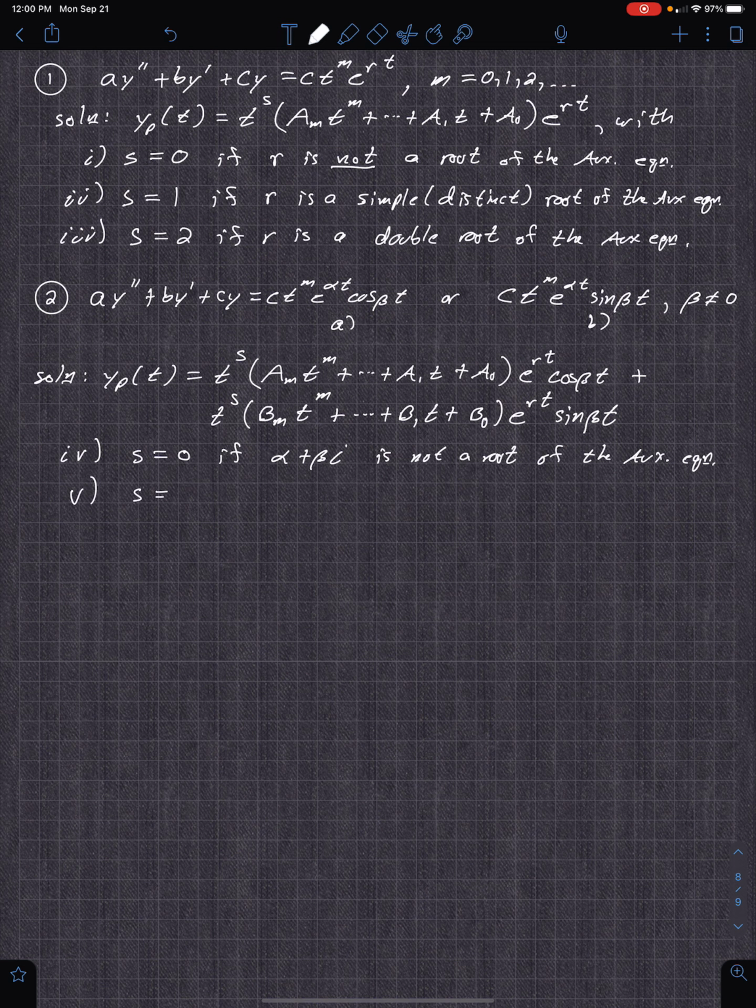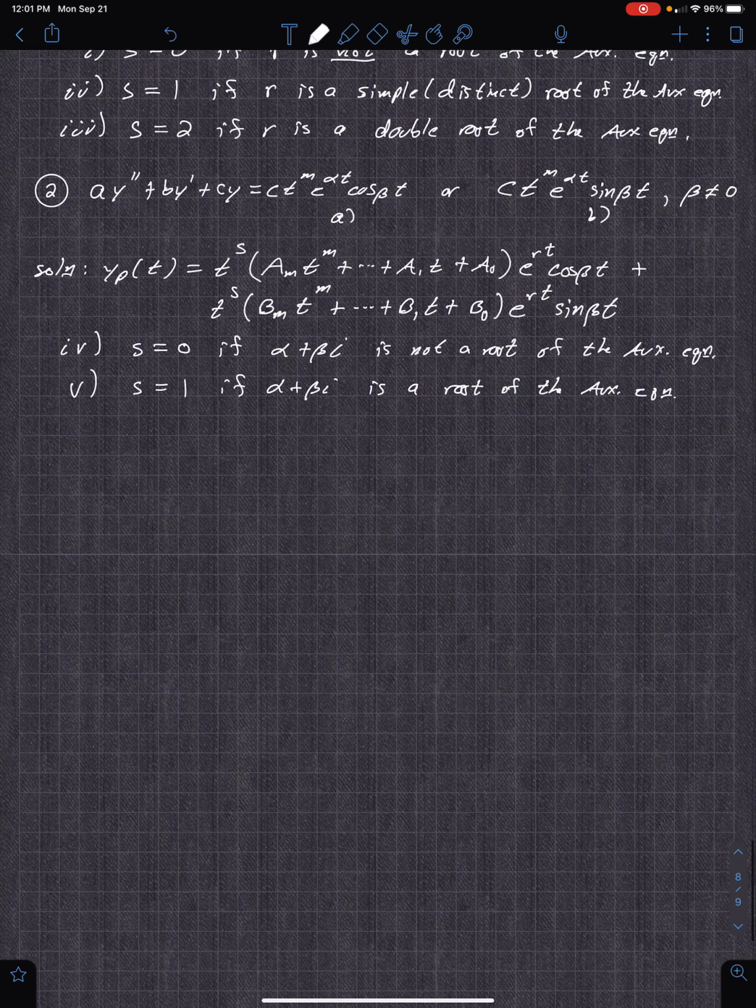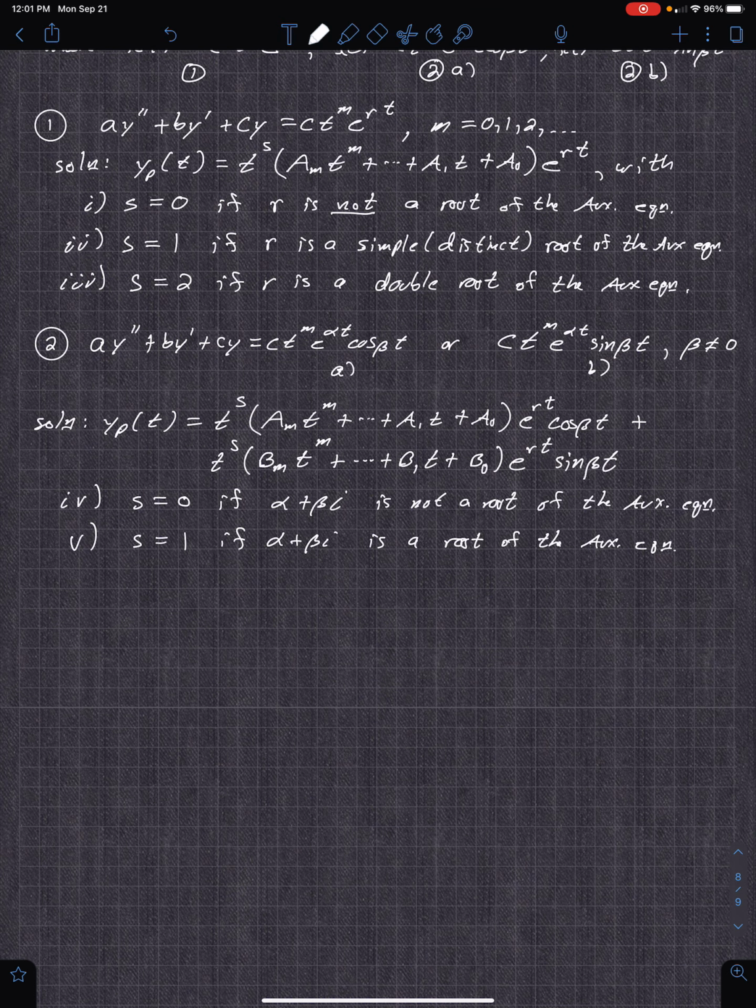Five, s is equal to 1 if alpha plus beta i is a root of the auxiliary equation. Okay, so this is all, of course, right there.